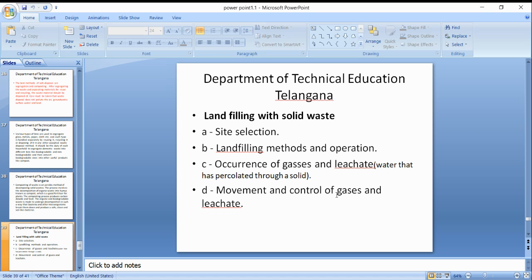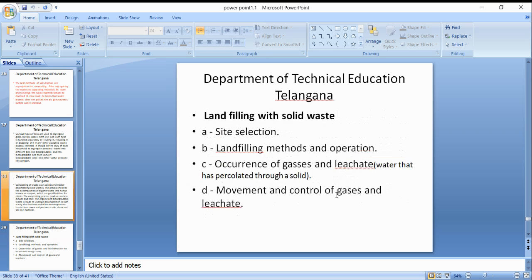Landfilling creates gases. As the solid waste decomposes, water percolates through it, and bad water comes out, called leachate. The movement and control of the gas is also a concern.